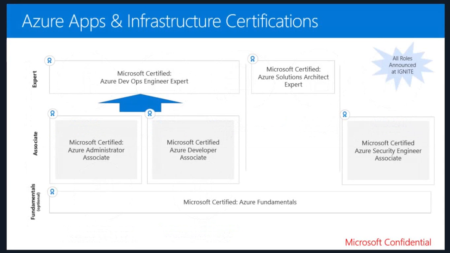And then we'll deep dive now into how those roles really look when it comes to the certifications. So if you look at all the certifications for the job roles that fall in the Azure Apps and Infrastructure path, first I will share with you that we've settled on a 3-tiered structure for our certification program: a fundamentals level, an associate level, and an expert level.